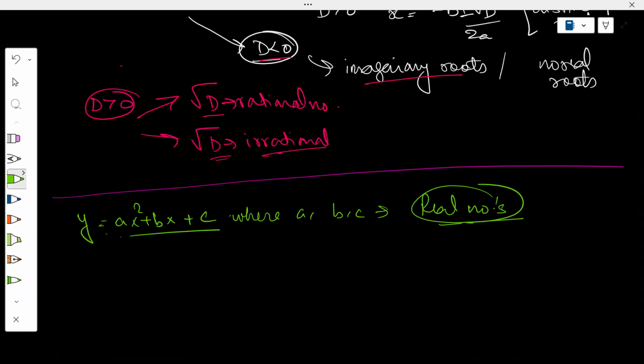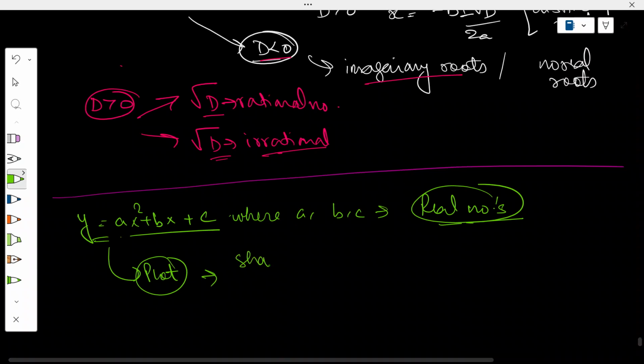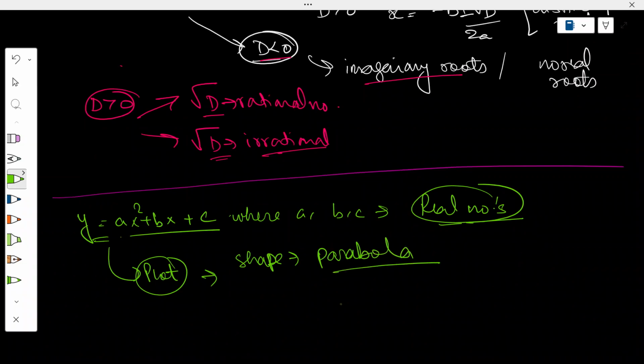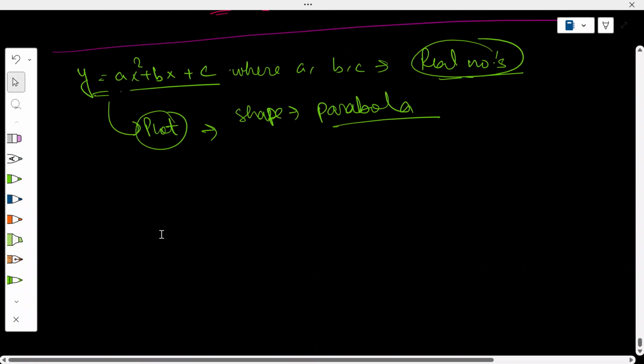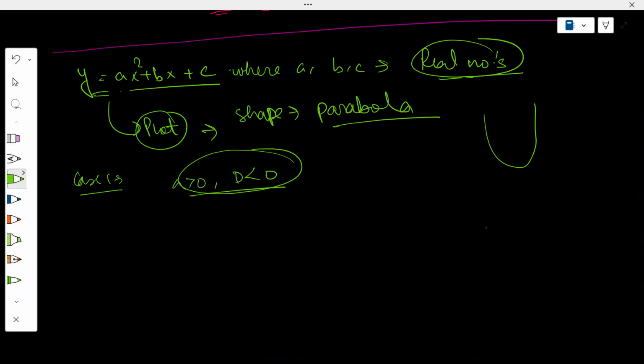So basically this equation we can plot, and it translates to a shape which is known as a parabola. Suppose we have cases here. The first case is when a is positive and D is negative. If a is positive the graph will look like this, if a is negative the graph will look like this.